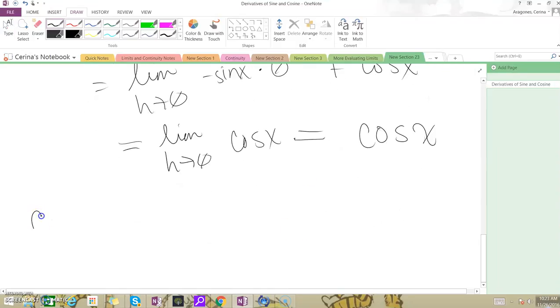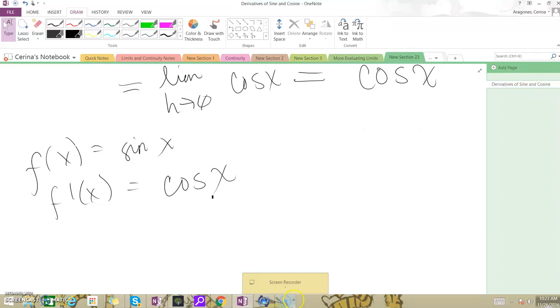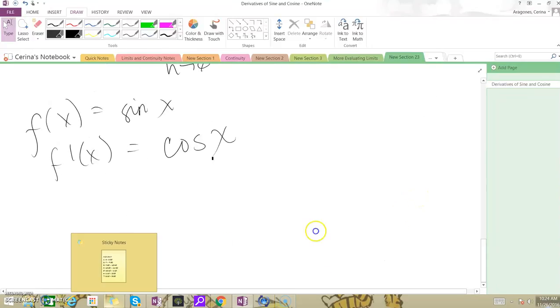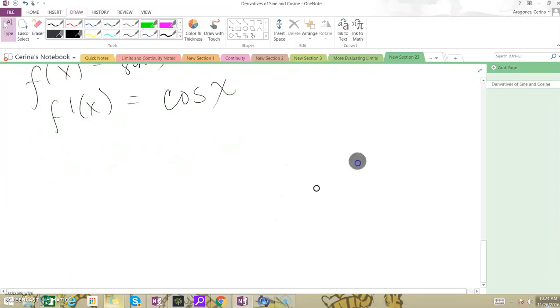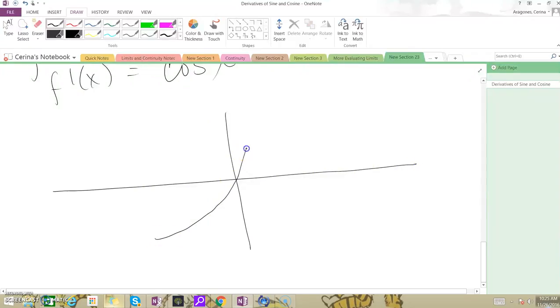So the derivative of sine x is cosine x. And you can actually see that if we graph sine of x, so here's sine of x, and it looks like this.